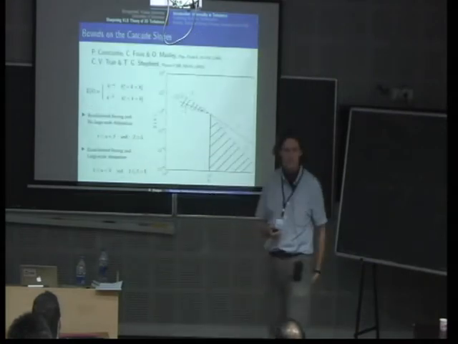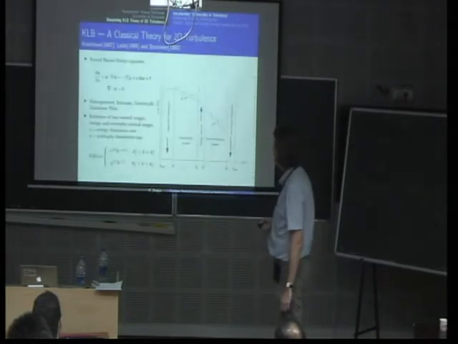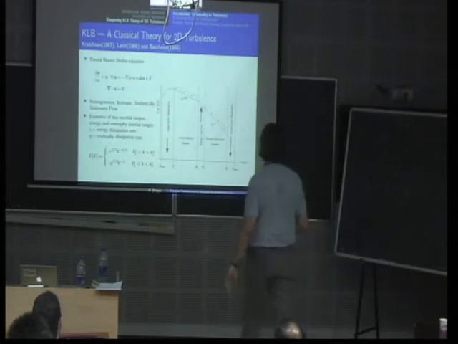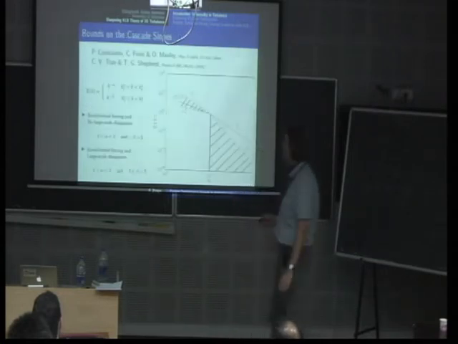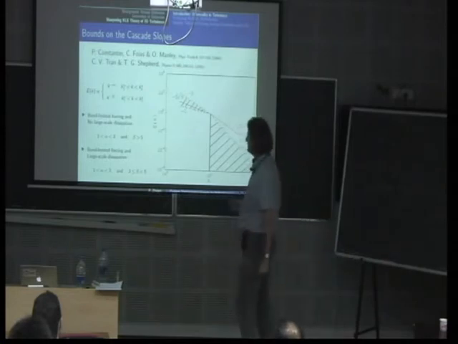So the question we are asking is, maybe before I specify the question, let me state one more fact. There are a couple of rigorous results due to Constantin and Tran-Shepherd, which basically say the following.